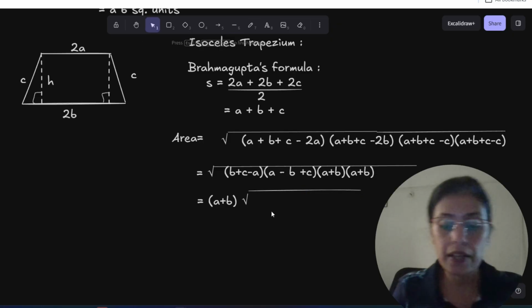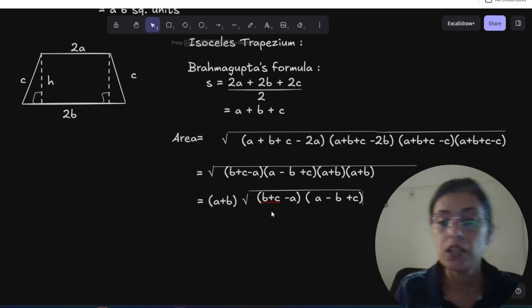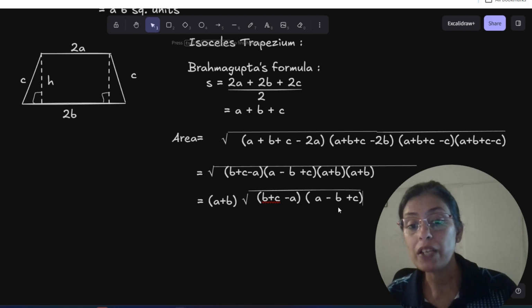B plus C minus A, and we have A minus B plus C. Now if you look closely at these two, what you'll see is C is positive in both of them, and then we have B minus A in the first term. In the second it is A minus B, or maybe you can write it as minus of B minus A, right? So what do we see here?